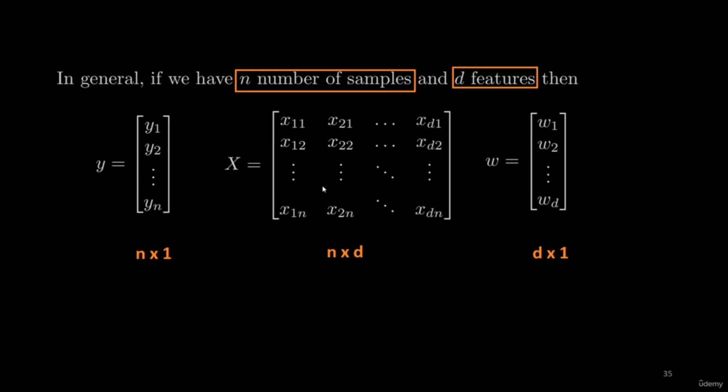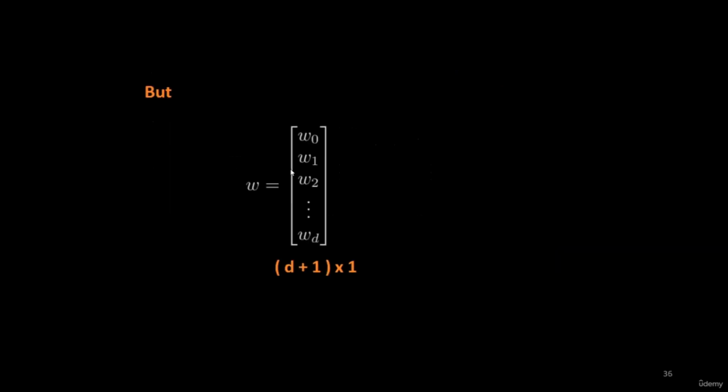Now there is a problem here. The problem is this is the matrix of weights, but there is no bias inside this weight matrix. So if I add bias here, then the dimension of this matrix will change. Look at here. If I add a bias term in the matrix of weights, now its dimension will change from d by 1 to d plus 1 by 1.